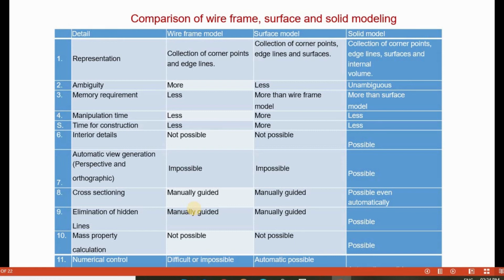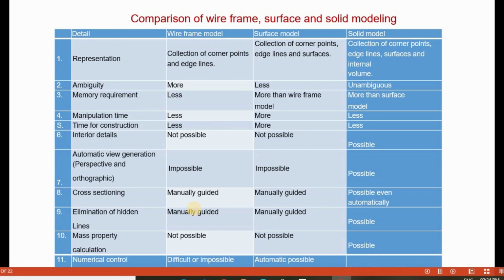Interior details of the object or image are not possible to view in the wireframe model, not possible in the surface model, but possible in solid modeling. Automatic view generation is impossible in the wireframe model, also impossible in the surface model, but possible in the solid model.